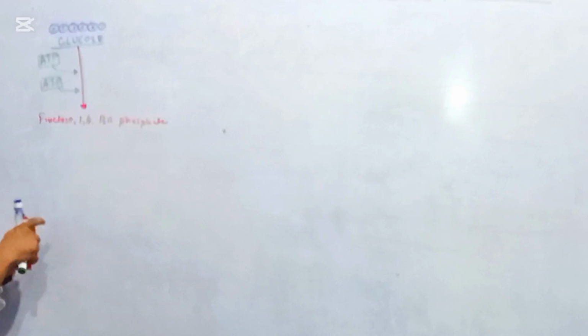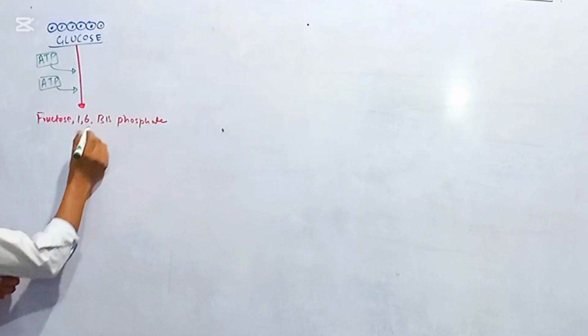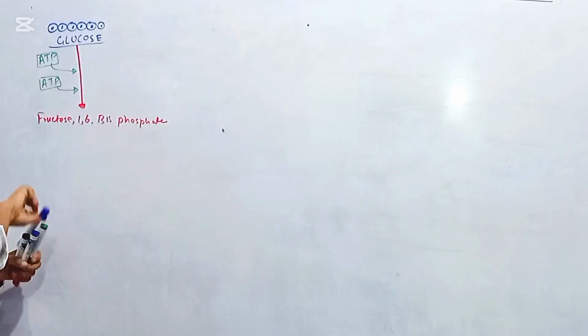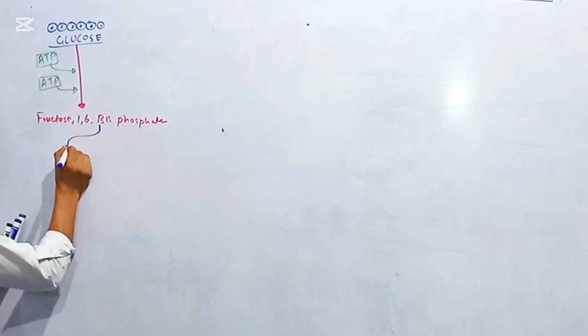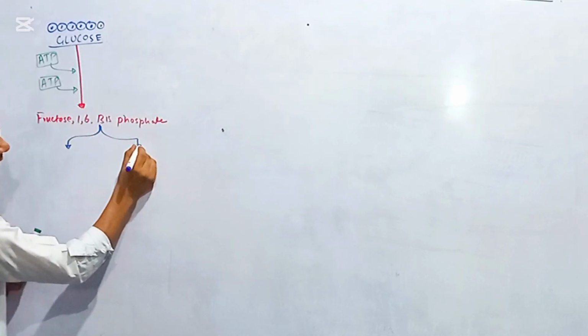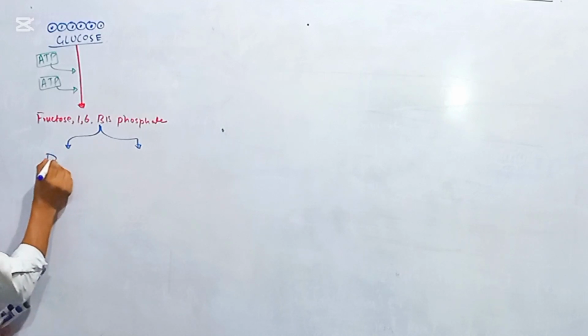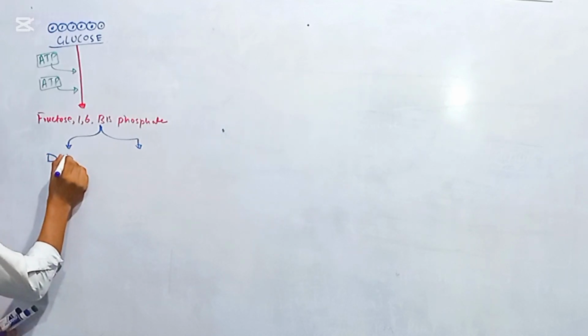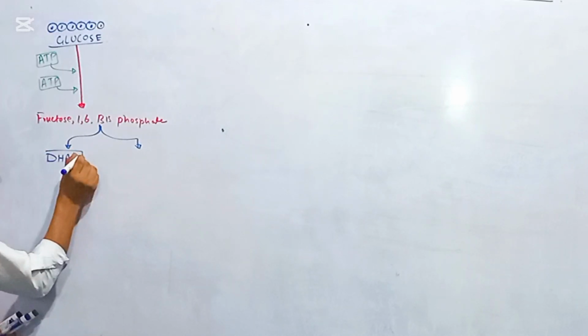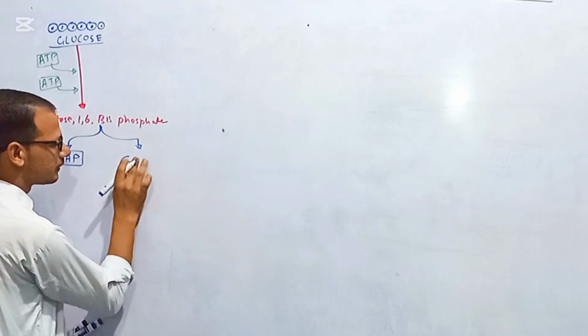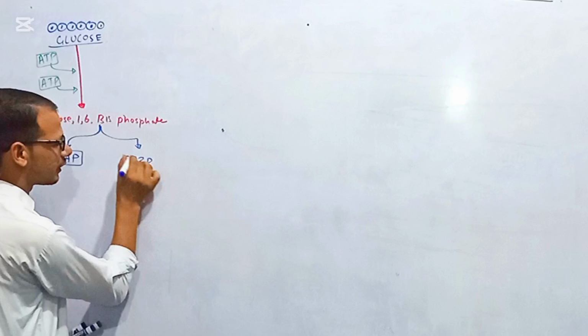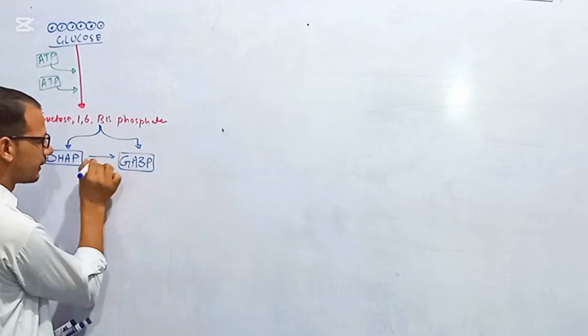In the splitting phase, this molecule is converted into 3 carbon compounds. One is called dihydroxyacetone phosphate, and the second is called glyceraldehyde 3 phosphate. These are interconvertible, right?